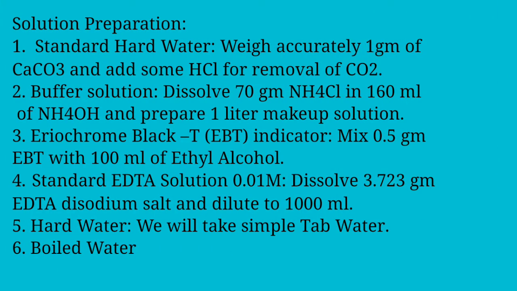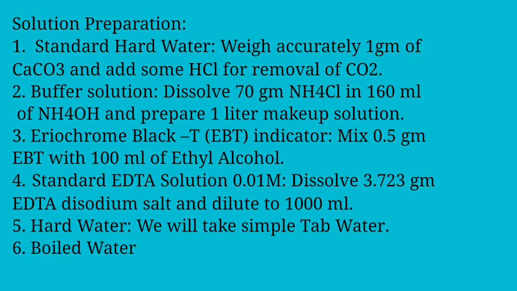Number 1 is standard hard water. Dissolve 1 gram calcium carbonate per liter and add HCl solution for removal of CO2 gas. Number 2 is buffer solution. Dissolve 70 grams of NH4Cl plus 160 ml ammonium hydroxide and make up 1 liter solution.